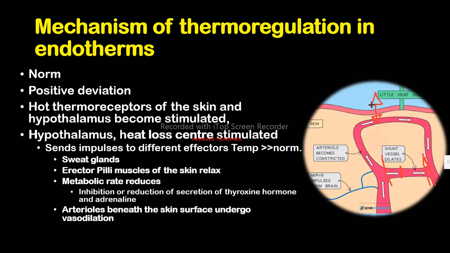Hence losing much more heat to the surrounding. But we are going to see that when it's cold, what happens. Is it the same thing or should it be different?